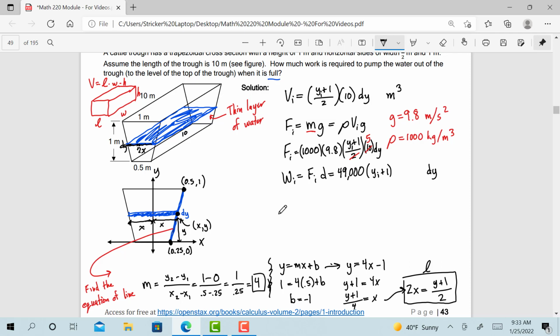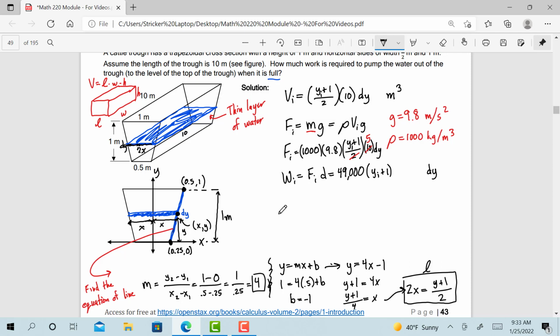And we need an expression for distance. So we're thinking about what's the distance that each thin layer of water has to be pumped if it's pumping out the top. So we know the distance from the bottom to the top is how far? How far is it from the bottom to the top of the trough? Well, the trough is 1 meter deep. So we know the total distance here is 1 meter.